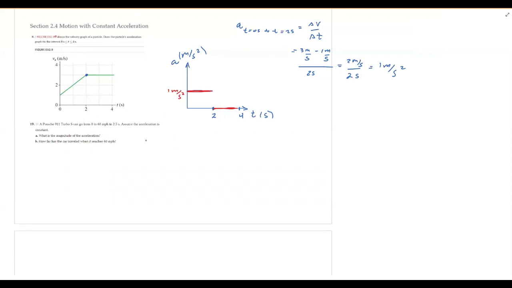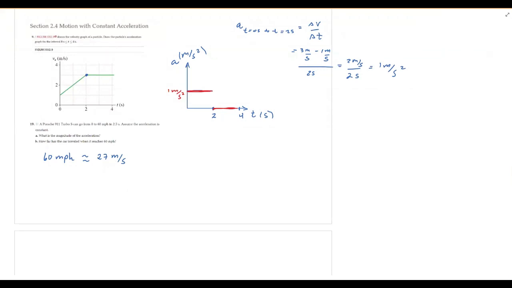So if we convert the 60 miles per hour into meters per second, we get that 60 miles per hour is approximately 27 meters per second. It's really 26.8 and more digits. So we're going to approximate this to 27 meters per second.